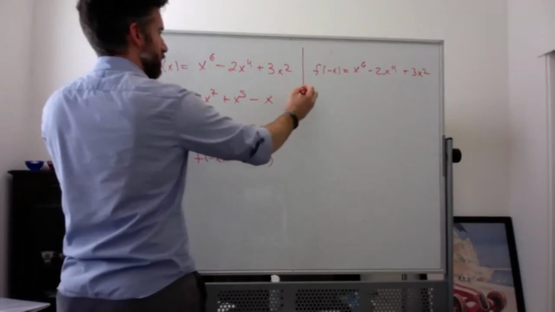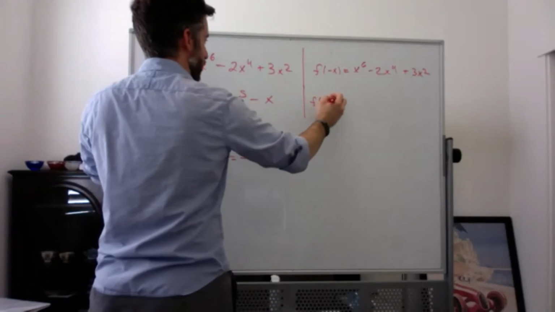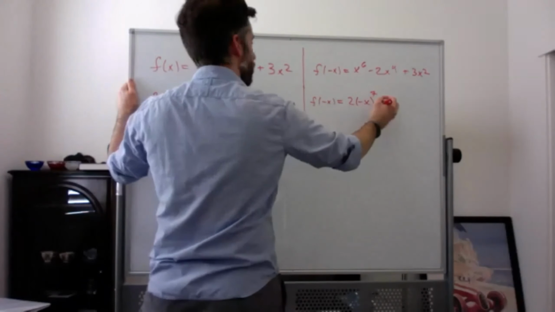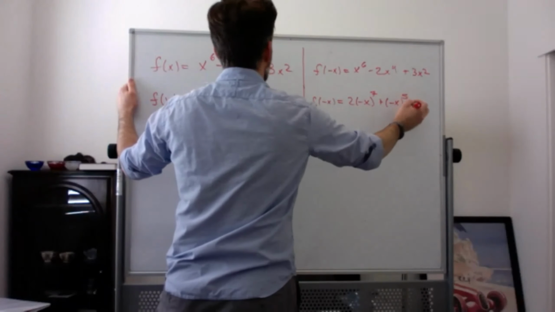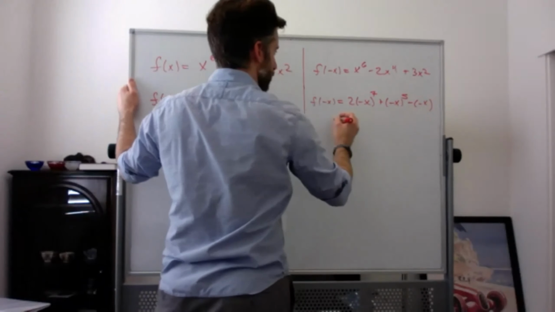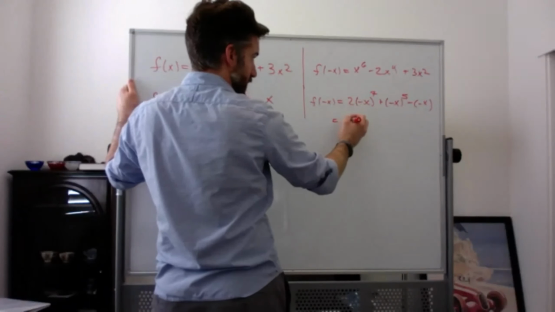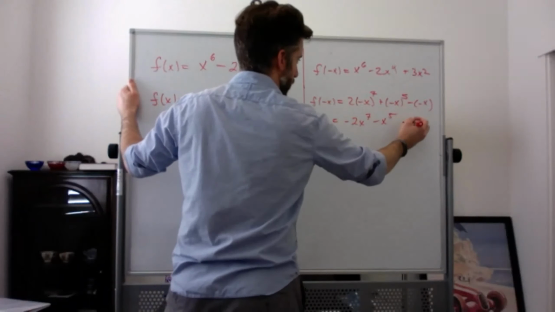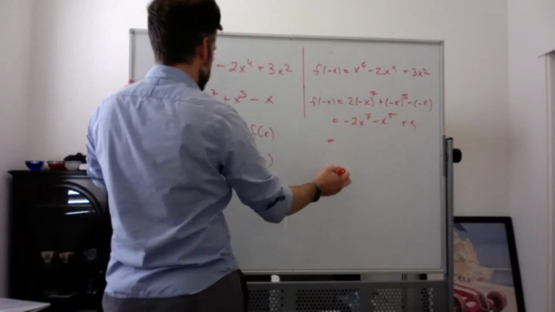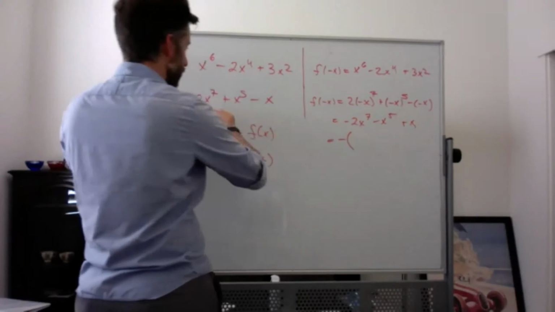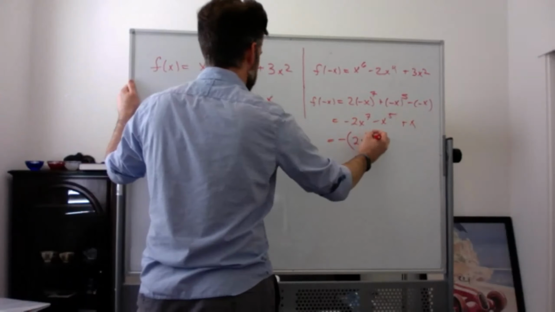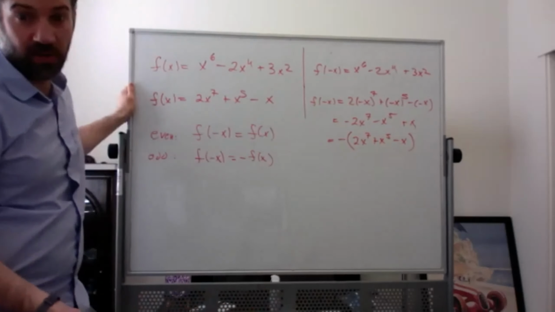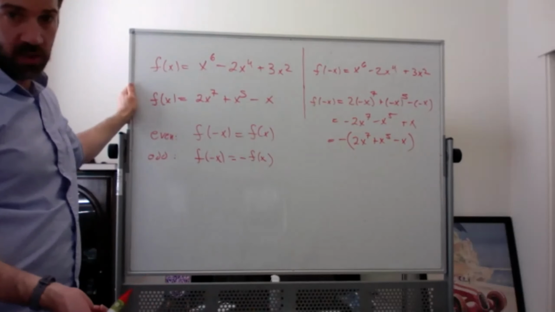In this case, f of negative x is 2 times negative x to the 7th plus negative x to the 5th minus negative x. That's going to change the sign. That's going to be negative 2x to the 7th minus x to the 5th plus x, which is definitely equal to the negative of this function. So that's what it means to be an odd function. And that's how you check in general.